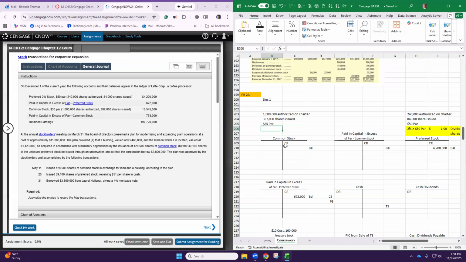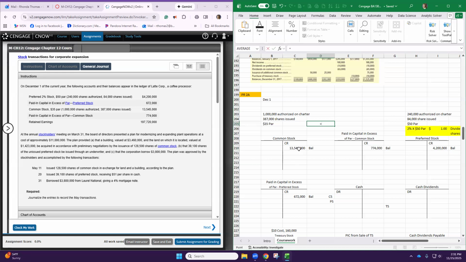Okay, it looks like common stock we have 13,545,000. And then the paid in capital in excess of par. So they were able to sell some shares in excess of par, which is more than $35 a share. Just for interest's sake, if you take this balance and divide by 35, you should get 387,000.